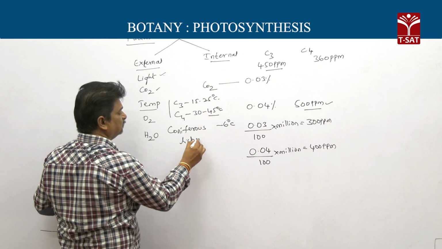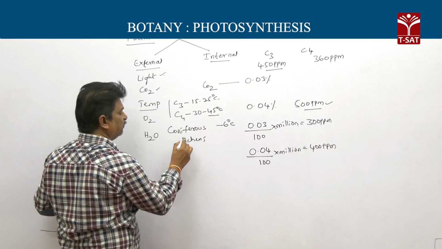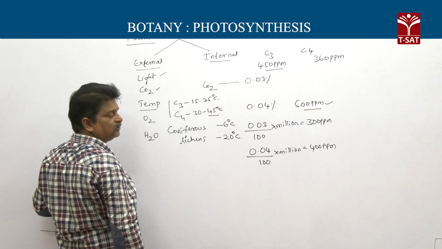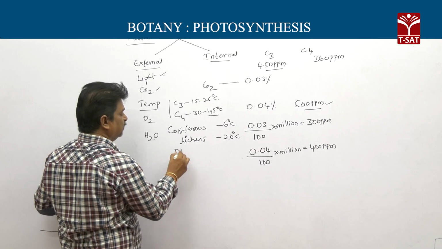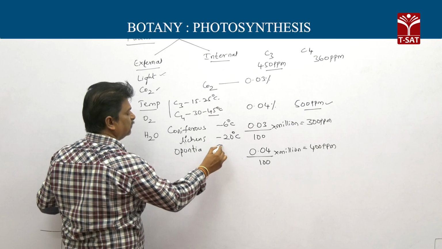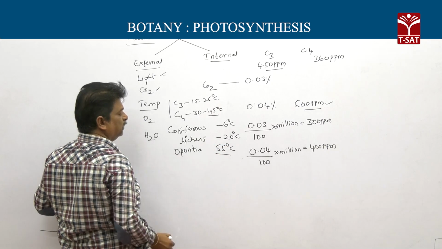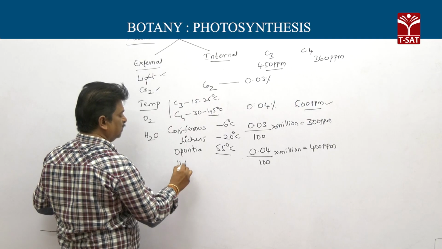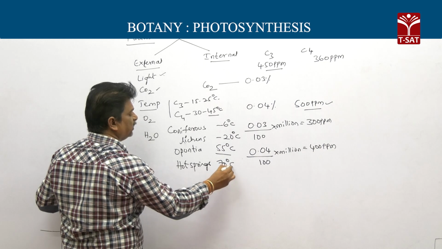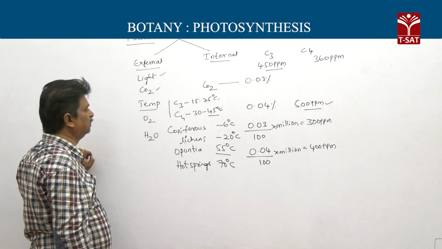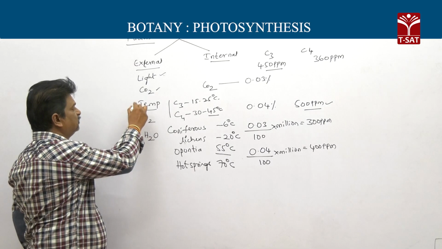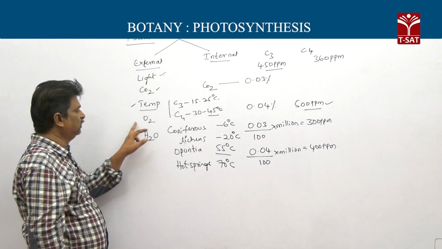Lichens carry out photosynthesis even at -20 degrees. Opuntia is a xerophyte and carries out photosynthesis at 55 degrees. And some algal members in hot springs carry out photosynthesis at 70 degrees. So, it is about temperature. The next one, oxygen.